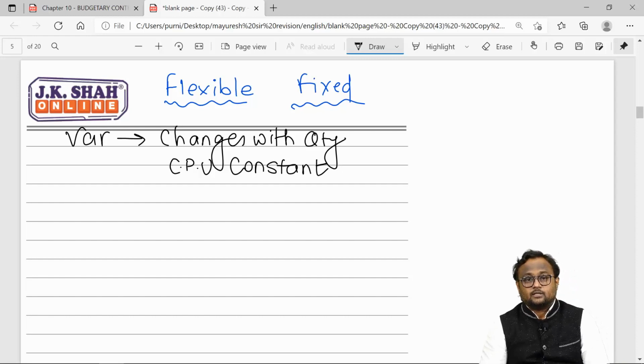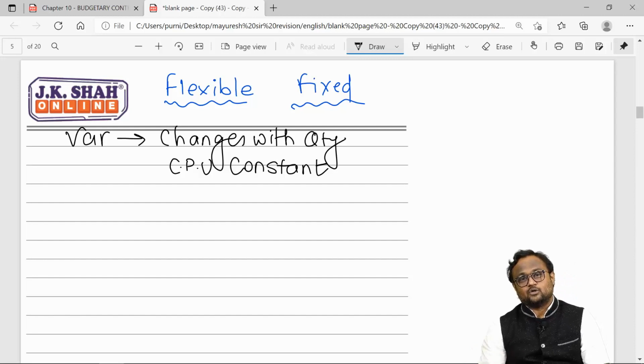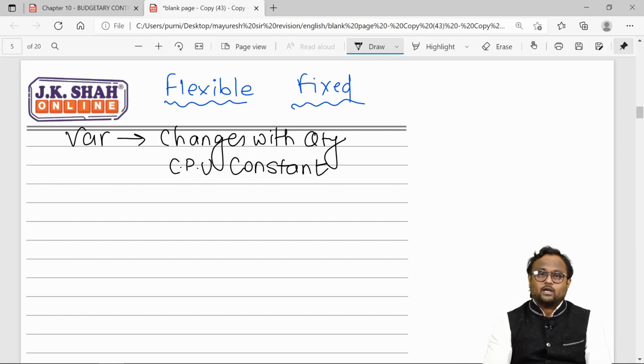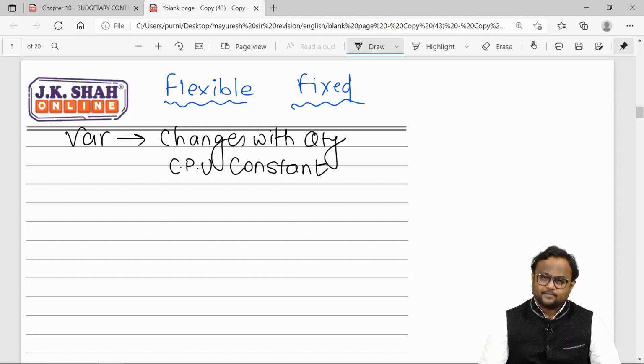Shall I tell you something? Since cost per unit is constant, total cost keeps on changing. One shirt will cost me 200 rupees, two shirts will cost me 400 rupees. One unit costs me 350 rupees, two units will cost me 700 rupees. Now, there won't be a discount in it, right? So, in that case, that will be considered a variable cost.